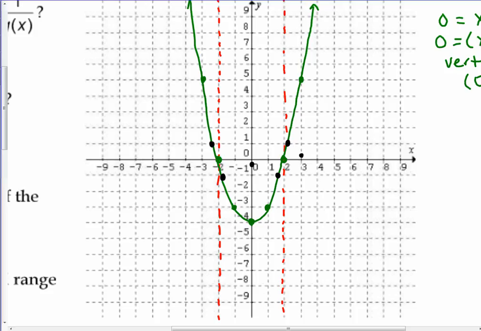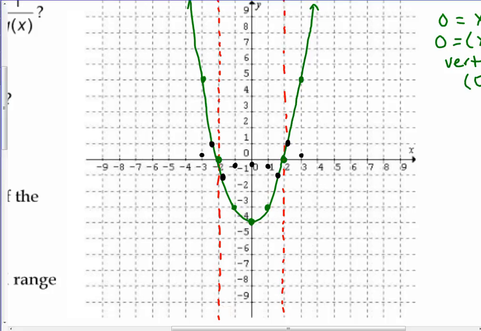Same on the other side, negative 3 and 5 becomes negative 3 and 1/5. How about negative 1 and negative 3? It becomes negative 1 and negative 1/3. And same on this side. So we take the reciprocal of the y value. Whatever the y value is, take the reciprocal of it.